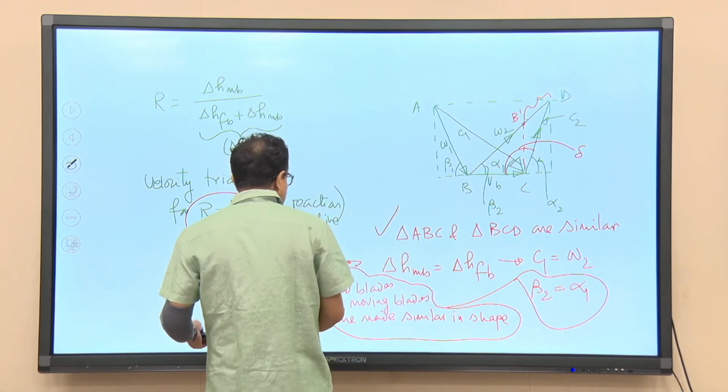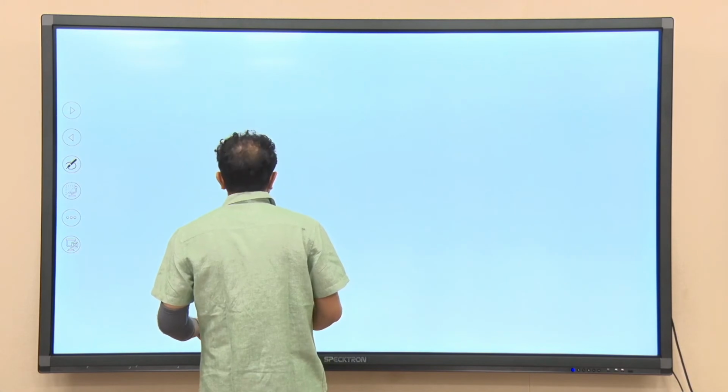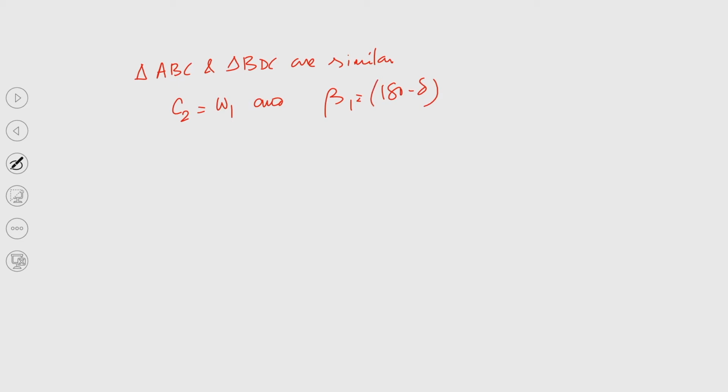So, from this we can write, again I am writing triangle ABC and triangle BDC are similar. So, C2 equal to W1 and beta 1 equal to 180 minus delta, right.